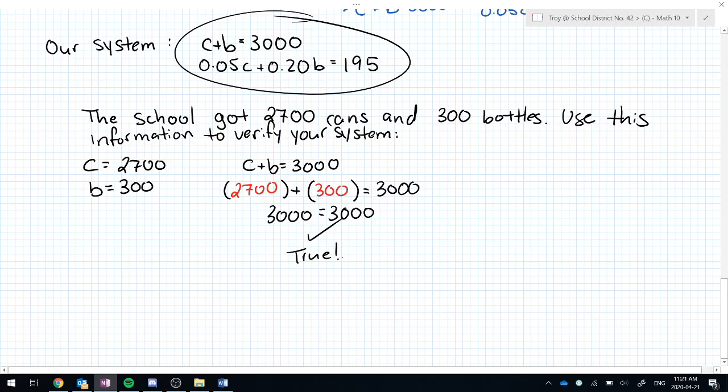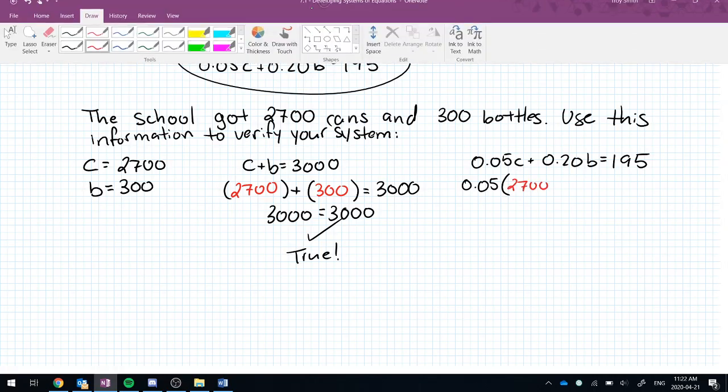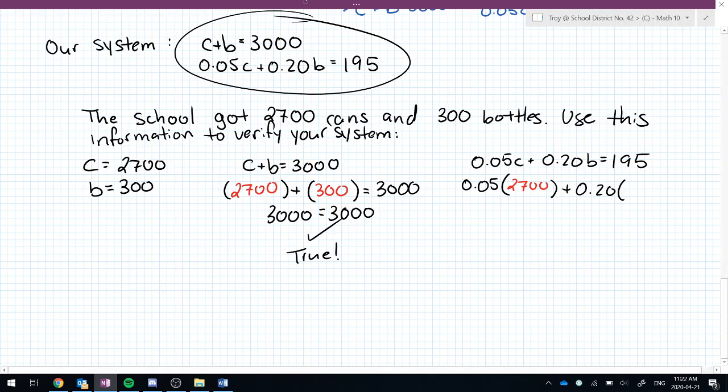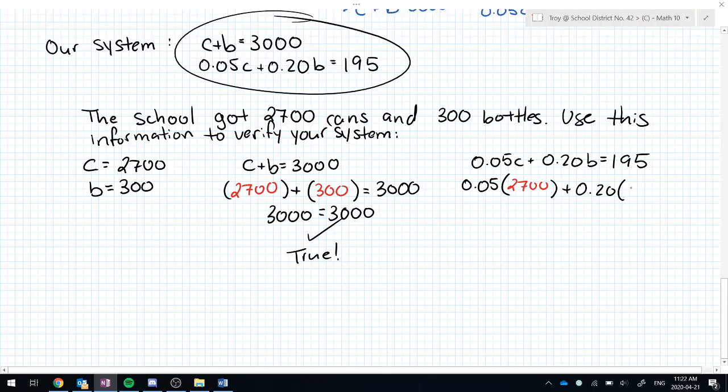The next one we can do is 0.05C plus 0.20B has to equal 195. This one you probably can't do in your head, but that's fine. The same values for B and C are going to go into this equation as well.